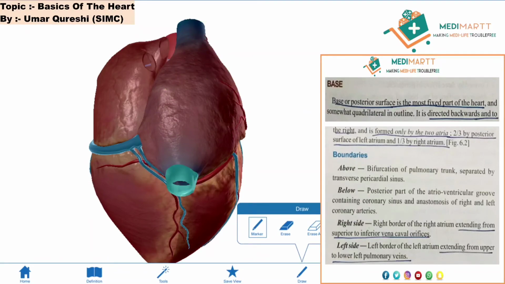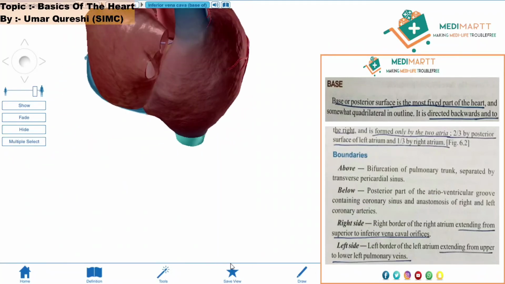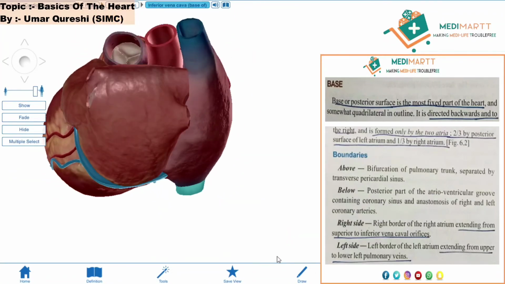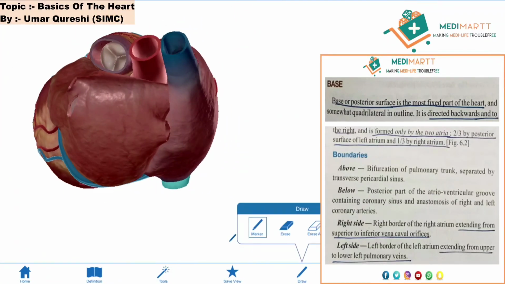Then the next point is the left border. The left boundary is formed by, okay, this is the left. The left boundary or left border is formed by the left border of the left atrium, extending from the upper to the lower left pulmonary veins. There are two pairs of pulmonary veins, the left pulmonary veins and the right pulmonary veins.